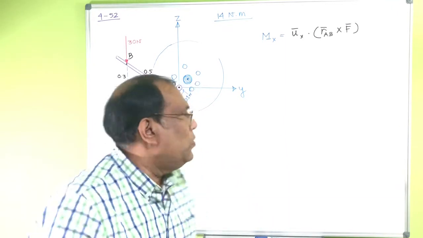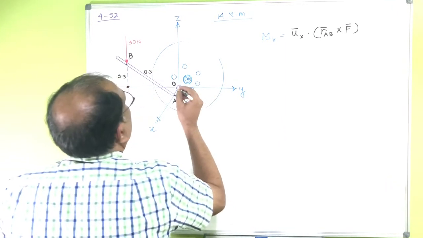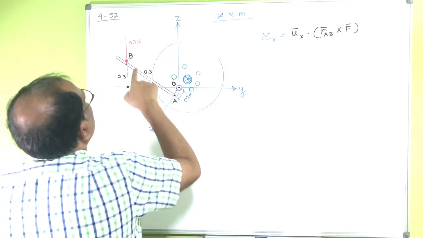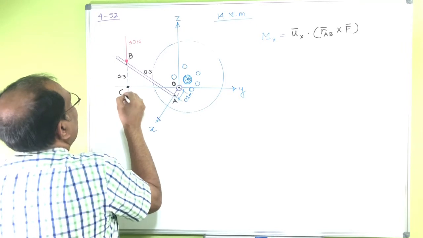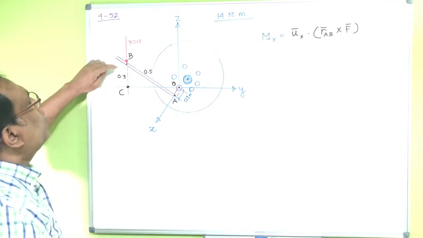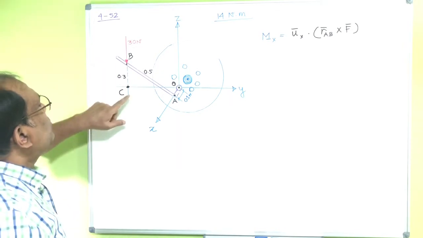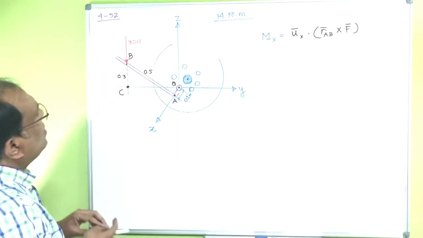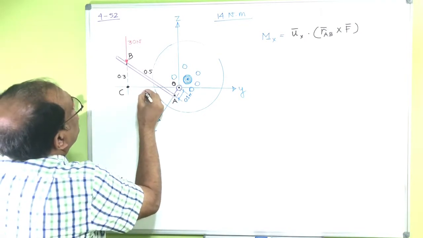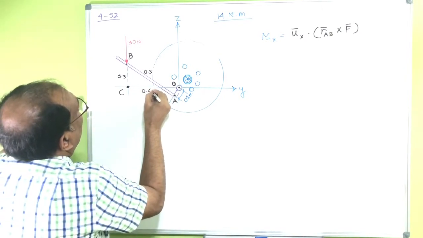Now you can see here, actually this is point O, this is point A, this is B, and let's say this is C. So you can see here, I know the coordinate for B, also the coordinate for C, because this is 0.5, this is 0.3, so this one would be 0.4.